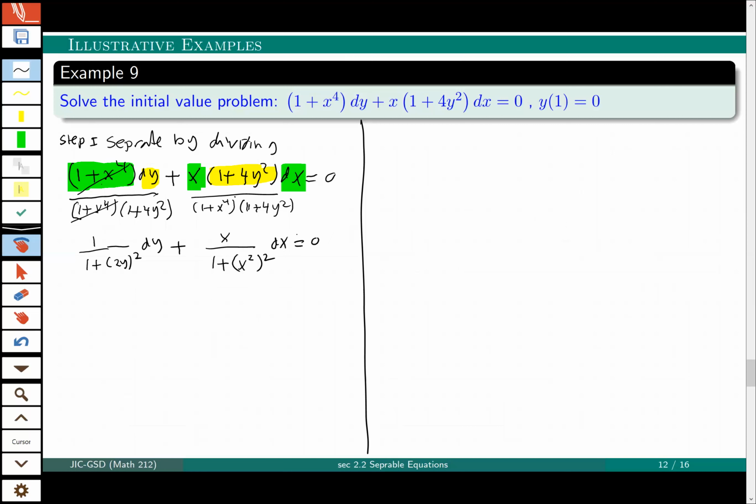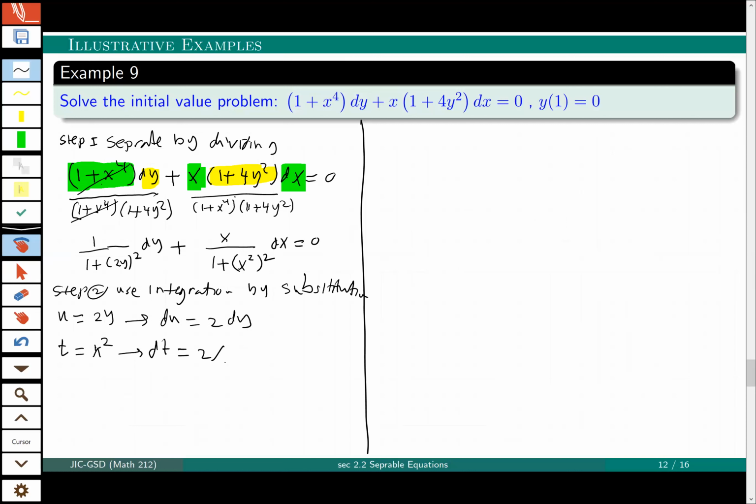This would be integration by substitution. So to integrate, use integration by substitution: let u be 2y, which means du will be 2dy. I will choose t to be equal to x squared, so dt is 2x dx. Again, I need 2 and 2, so I will multiply by 2 the integral of 2 over 1 plus 2y all squared, and on the right I have dx equals 0.